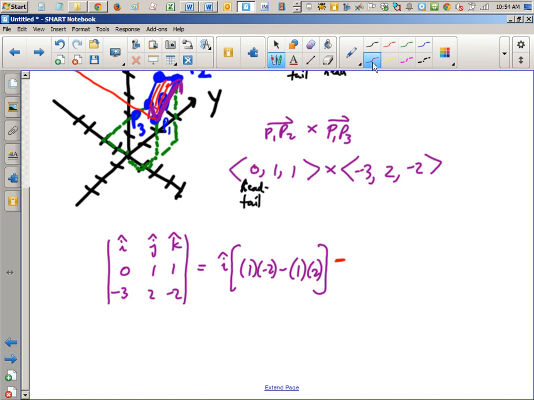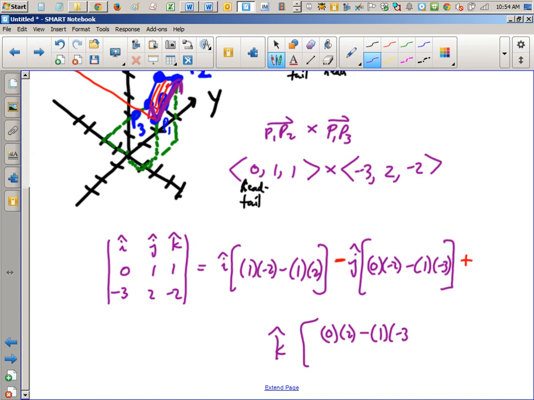Mandatory minus there. Then next is j hat. And we have 0 times negative 2 minus 1 times negative 3. And then back to plus. And then 0 times 2 minus 1 times negative 3.